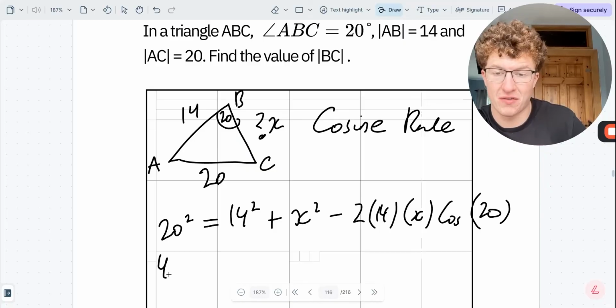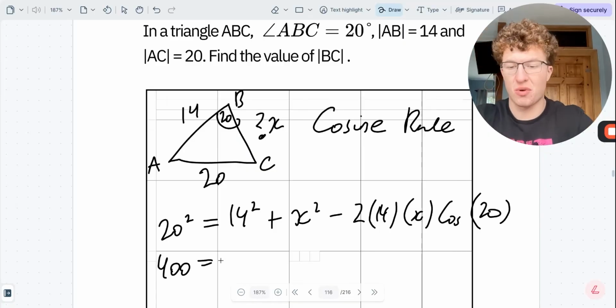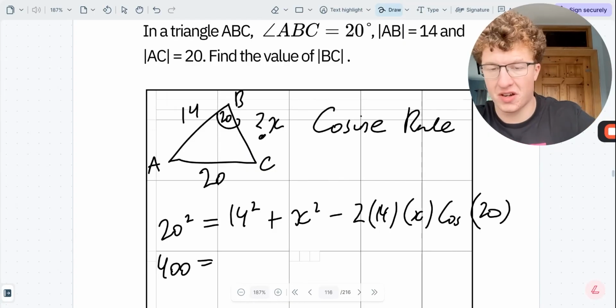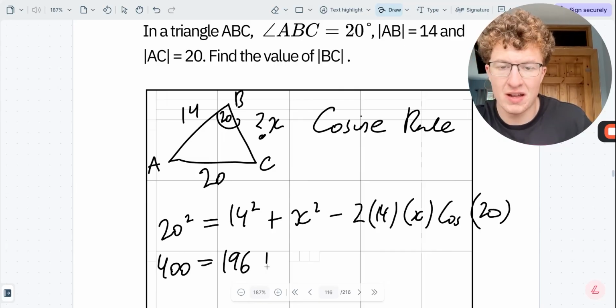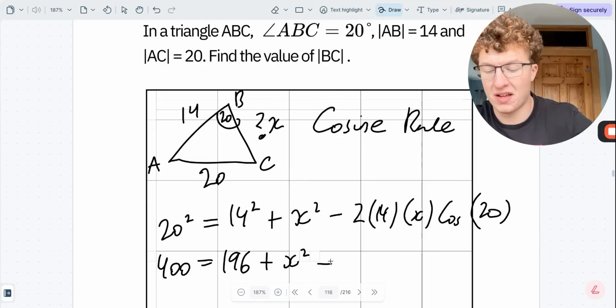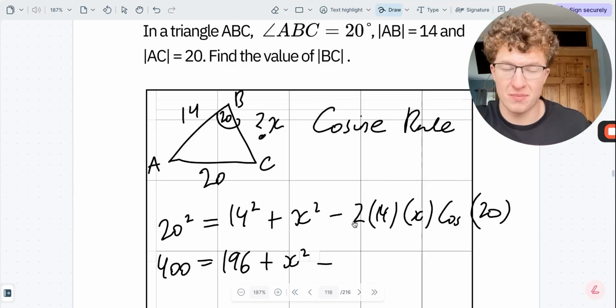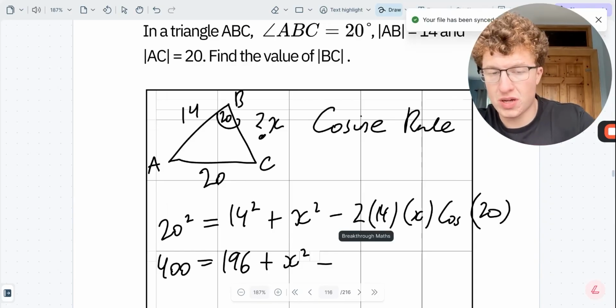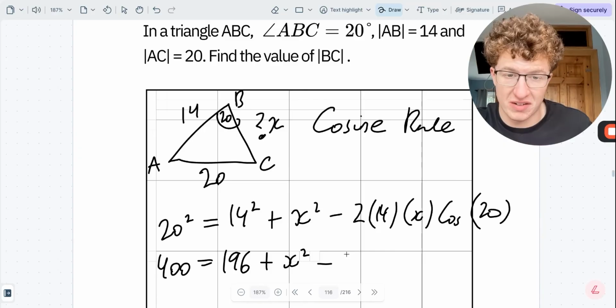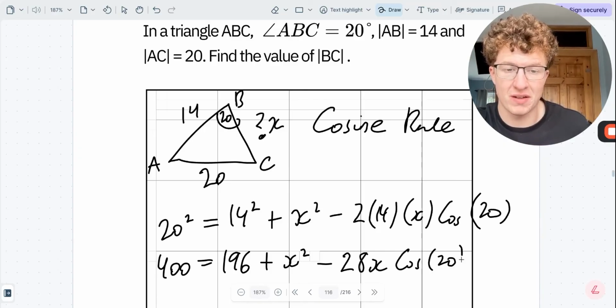So now we just fill in. 14 squared is 196 plus x squared minus 2 times 14 is 28. I'm just going to leave it in terms of cosine for now so I don't make a mistake. So I've got 28x times the cosine of 20.